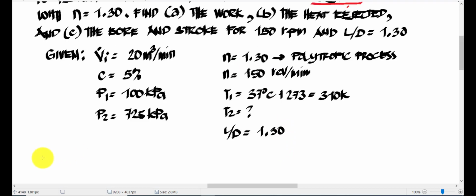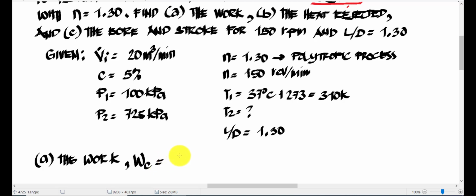So for the unknowns of the problem, start with letter A. We're looking for the work, so what will be the work of the compressor here? For the equation for the work of the compressor, we have the equation for a polytropic process.